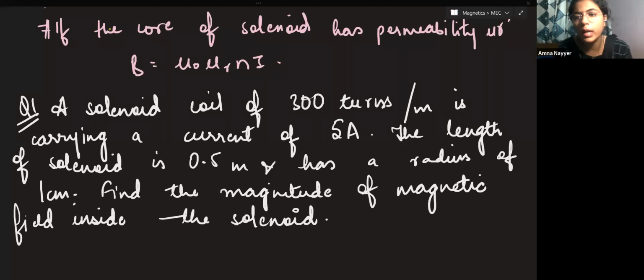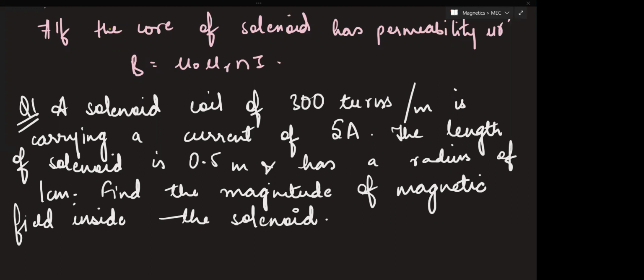A solenoid coil of 300 turns per meter is carrying a current of 5 amperes. Length of the solenoid is 0.5 meters and it has a radius of 1 centimeter. You have to find the magnetic field inside the solenoid. Now, what was the formula of the solenoid that we just derived? It was B is equal to mu naught Ni.